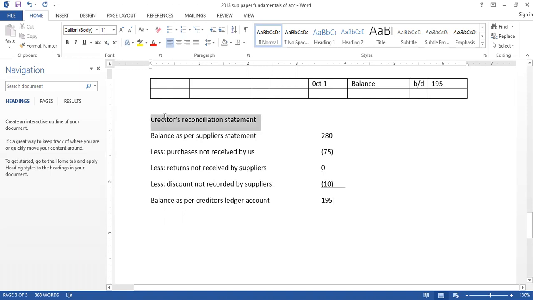Even though they say draw up a bank reconciliation statement, this is just the way. It is the only format. There is no table. Then it's easier then. Yes, it's very easy. Any other questions?